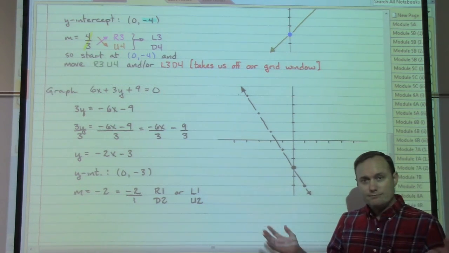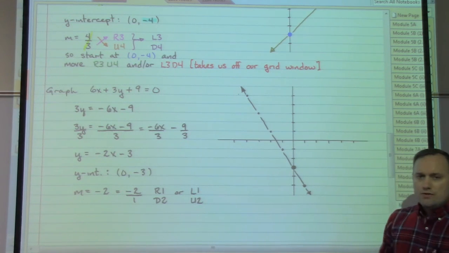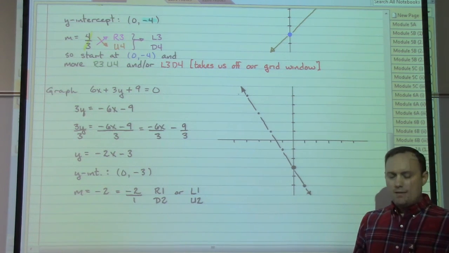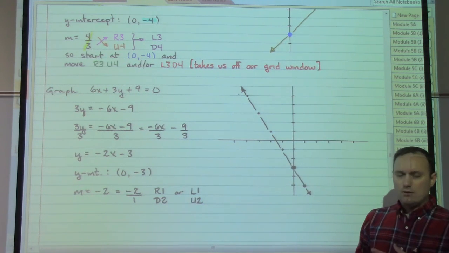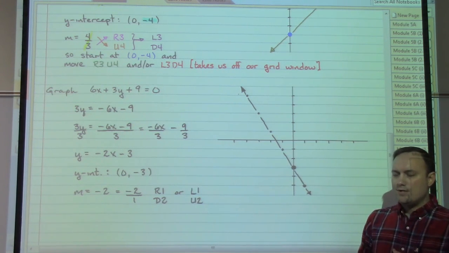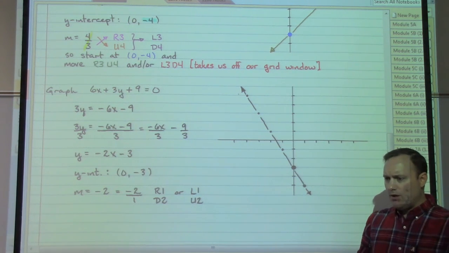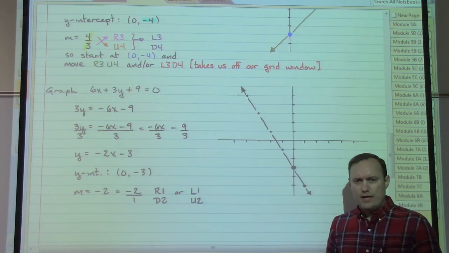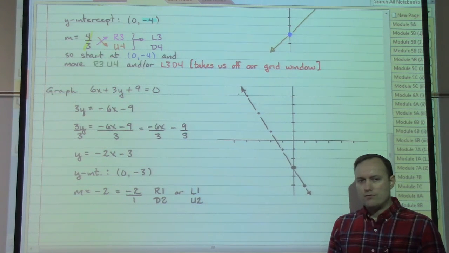And there we go. If you have instead an equation that is one of our special types, the horizontal line y equals a number, or the vertical line x equals a number, then in that case, simply remembering what those equations look like, which special type of line they're associated with, allows us to very quickly make those kinds of drawings.